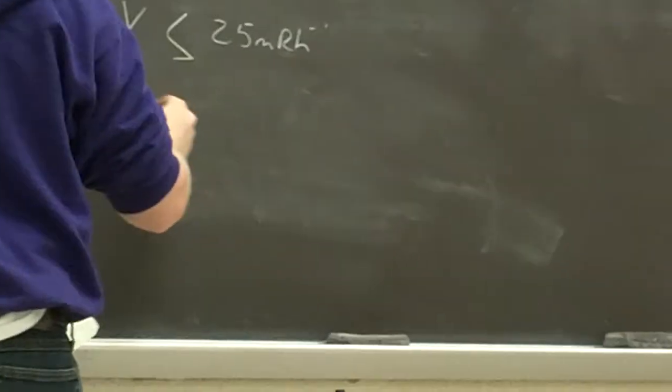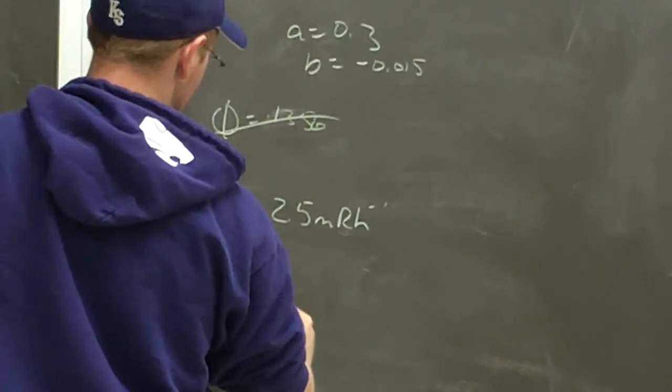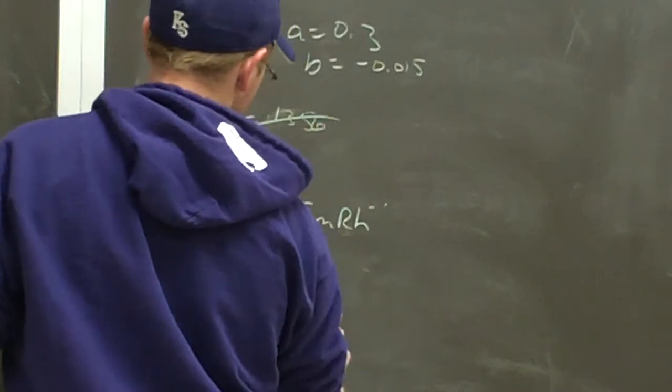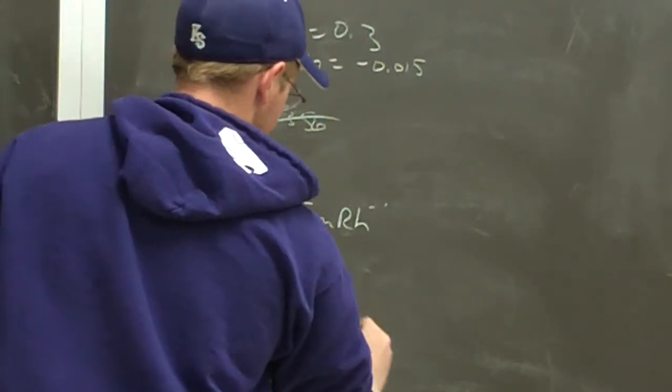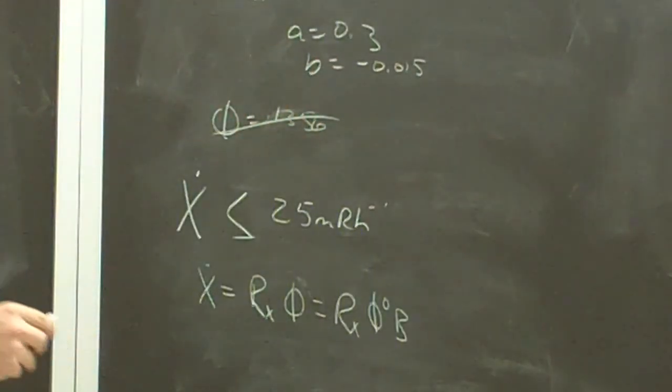And exposure rate is equal to response times phi, not phi naught, which is equal to response times phi naught times the buildup factor. X dot is equal to or less than what, this sign?